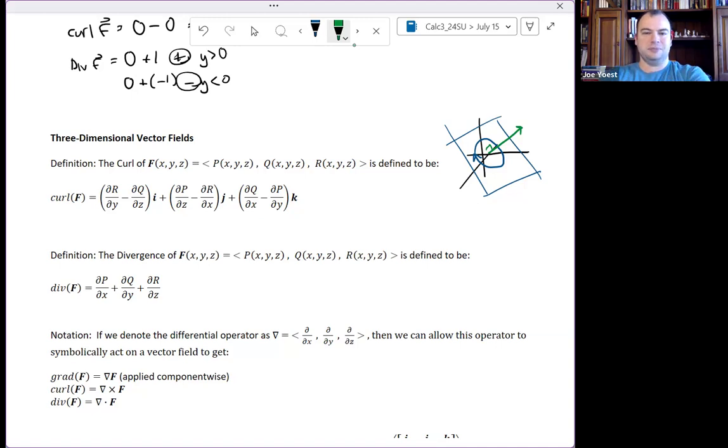If you've ever done anything with, say, torque in physics, it's a similar idea. So the torque vector is like, if you're turning a wrench, you have some screw like this, and you have a wrench attached to it, and you're turning the wrench this direction.